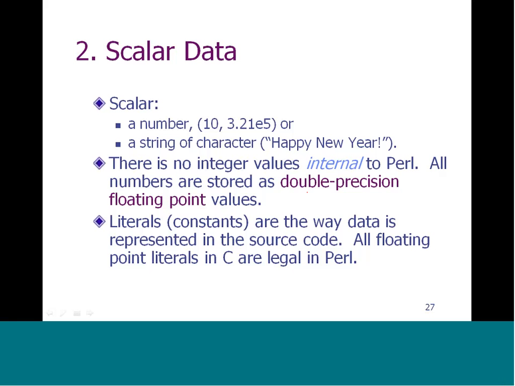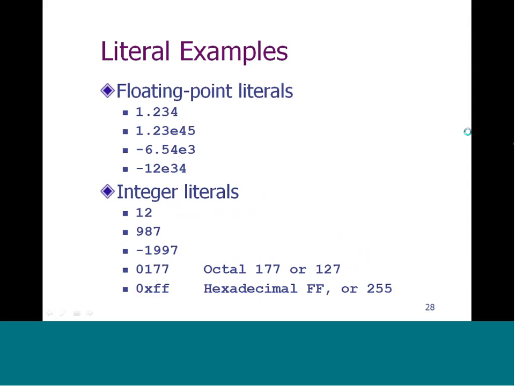And then the other one is the literals, or constants, which are the way the data is represented in the source code. All the floating point literals in C are legal in Perl. These are the things that you want to keep in mind. So what are floating point literals?